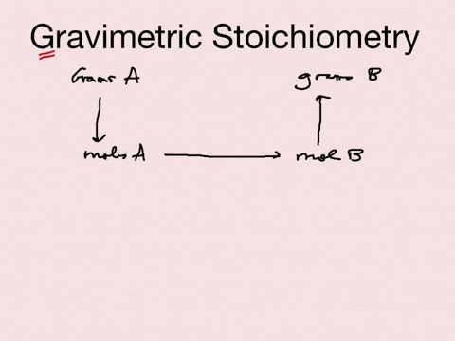So that being said, you cannot take a recipe for a balanced chemical equation, like we've just been doing, and convert from grams of one substance to grams of another substance directly because they don't have the same molar masses. So we cannot do this. That's a no-no. We can't do it.